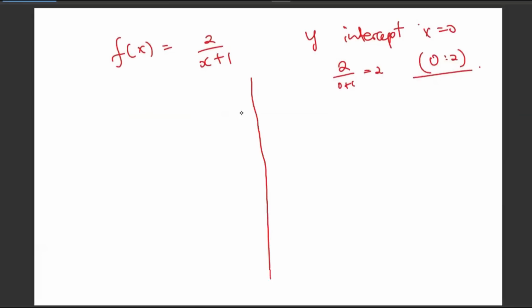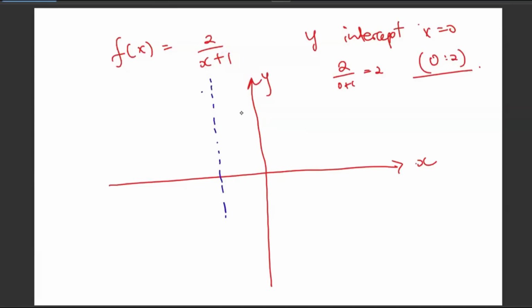So if that is our y axis, please forgive my line, it's not that straight, but it's fine. We say the asymptote x must be -1 somewhere here, and then we say y is 0. This is an asymptote on its own, so the graph is not going to cut this line. But our a is positive, meaning that we need quadrant 1 and then quadrant 3.